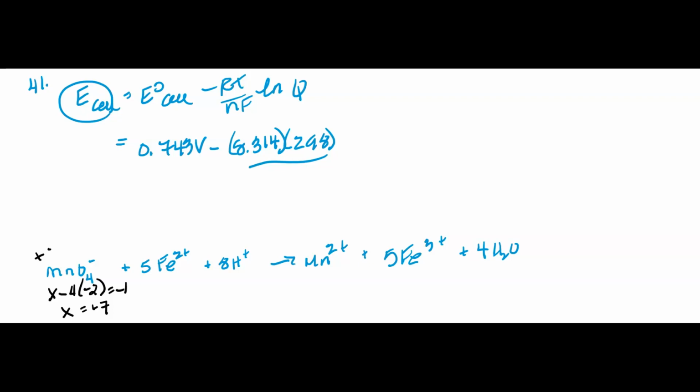So manganese is positive 7. We know manganese is positive 2 here. So that tells me that there are 5 electrons, right? To get from positive 7 to positive 2 had to involve 5 electrons. And the other thing you can think of is here you have 5 ions and each has a charge of 2 plus, so that's a charge of 10 plus.